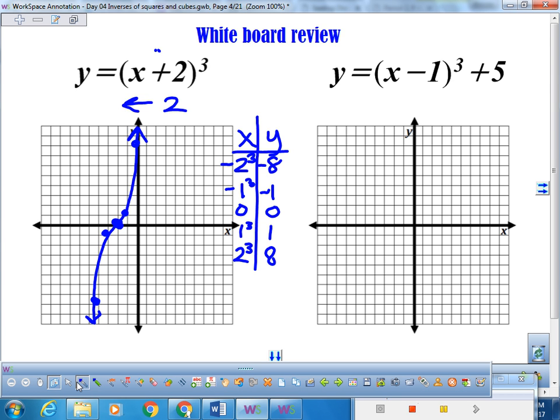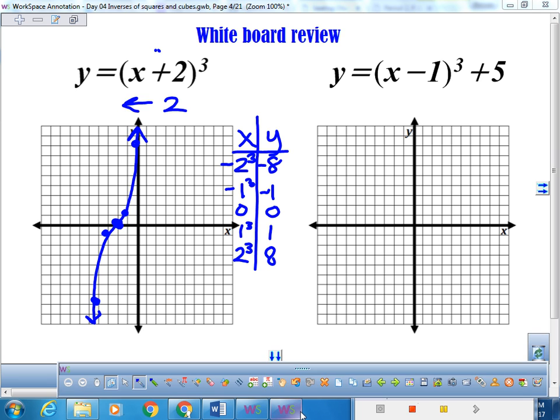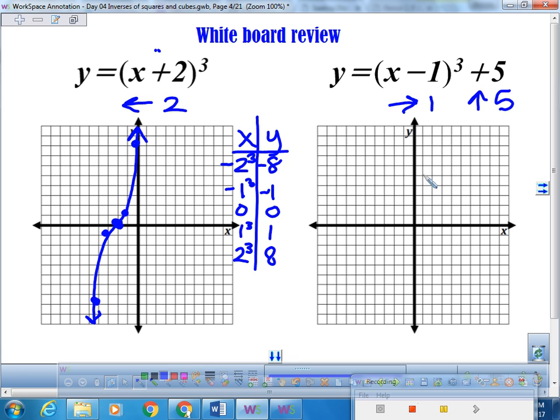Okay, 5, 4, 3, 2, 1. So this one is over to the right 1 and up 5. So we're going to go over 1, up 5. 1, 2, 3, 4, 5. My magic numbers, my reference points, are over 1, up 1, over 2, up 8.